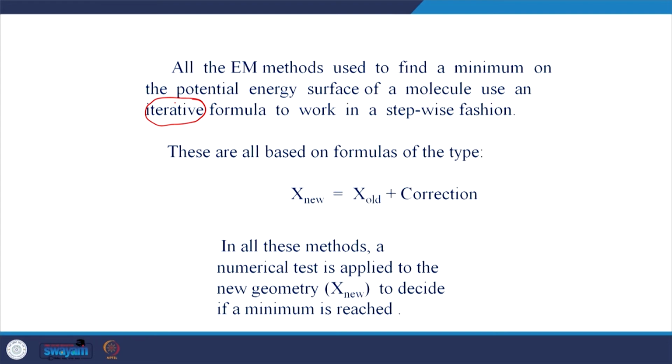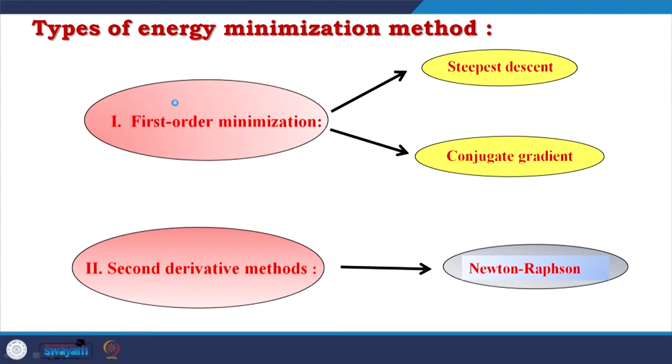In all these methods, a numerical test is applied to the new geometry to decide if a minimum is reached. There are two types of energy minimization: first order minimization and second derivative method, second order minimization. For first order, two popular methods are steepest descent and conjugate gradient. For second order, it is Newton-Raphson.